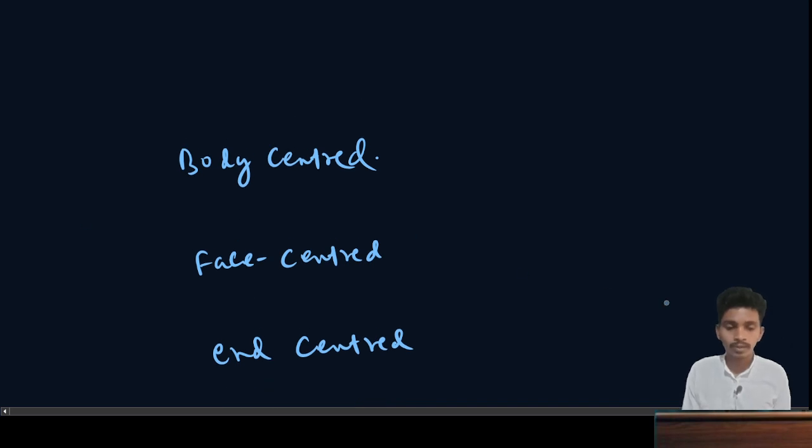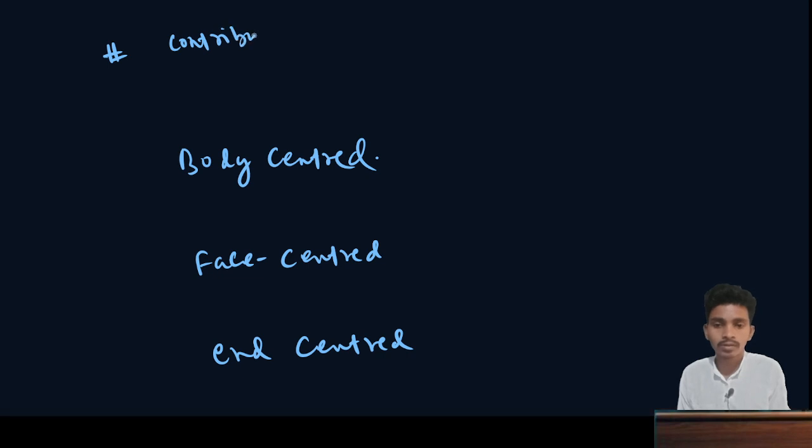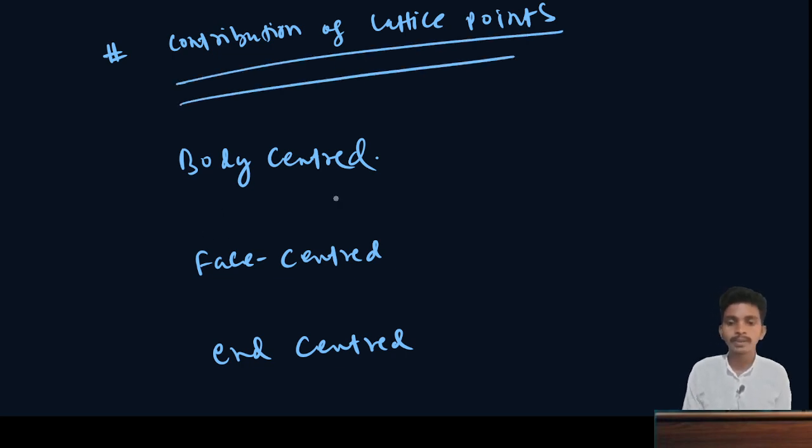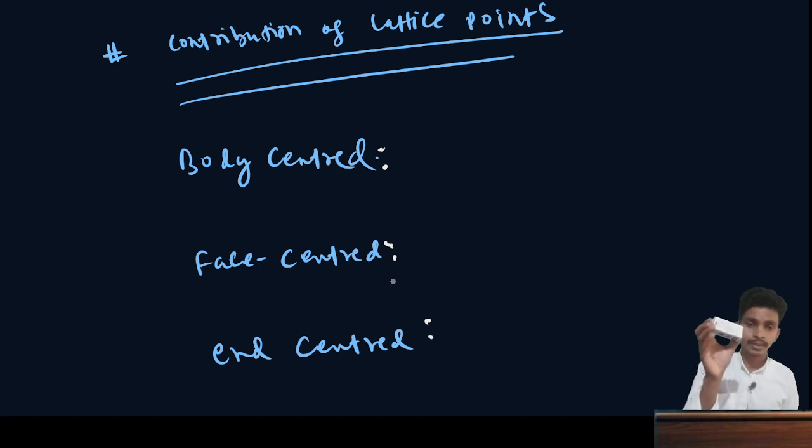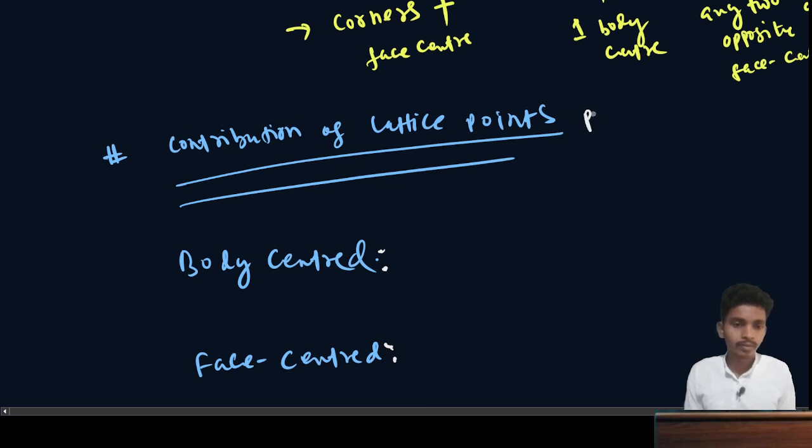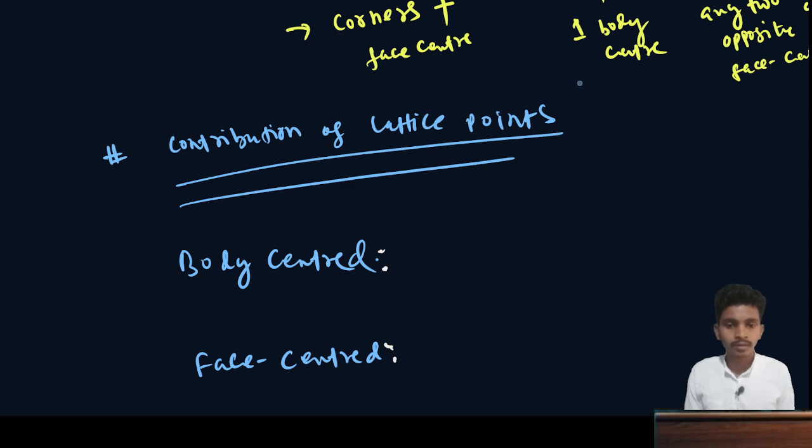So if a lattice point is at the body center, then what is its contribution to a unit cell? Let's say this is any unit cell, and we look at the contributions of lattice points for the unit cell.